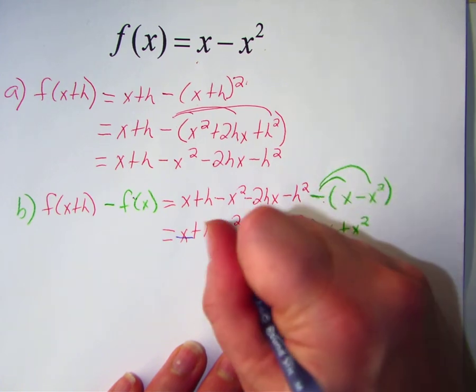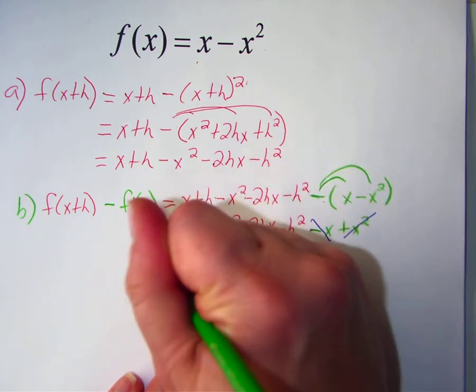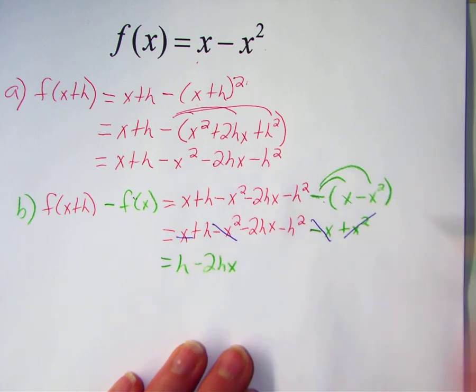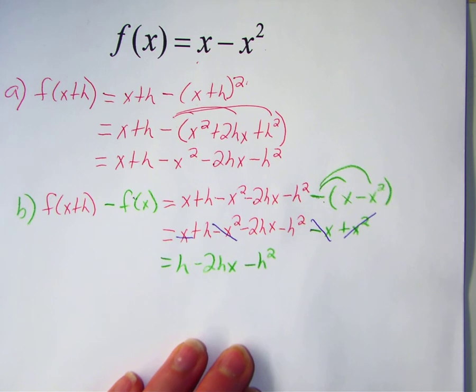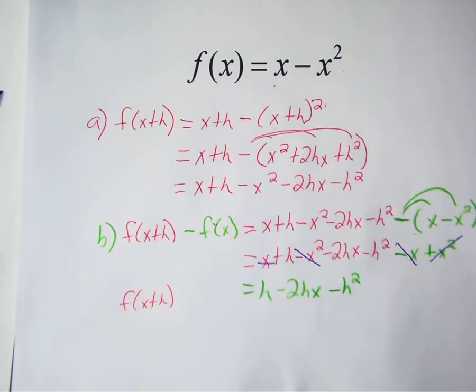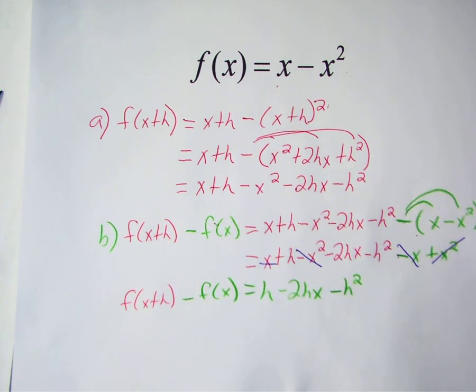And I've got a negative x squared and an x squared. They cancel. So what's left? I've got h, negative 2hx, and negative h squared. All right. So f of x plus h minus f of x. That's step B.